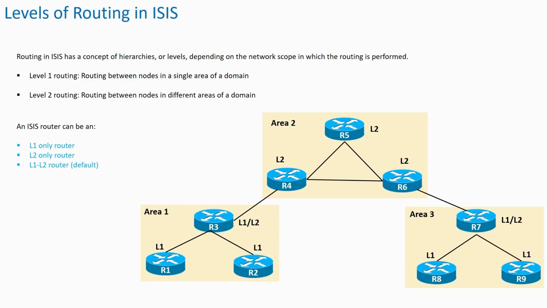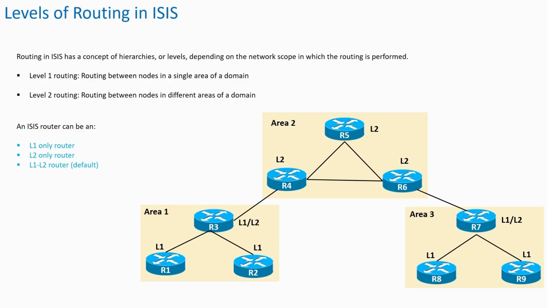An ISIS router can perform any one of the following three roles in the network. The first one is L1 only router. It means that the router is capable of doing intra-area routing. The second option is L2 only router. Means the router is capable of performing inter-area routing.